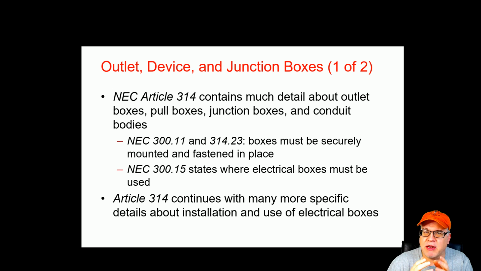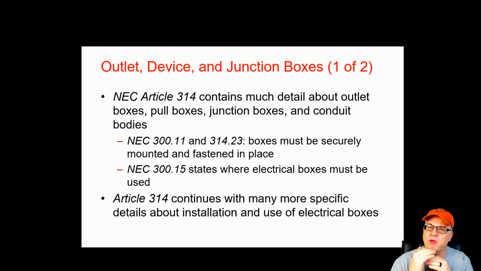But again, starting with that fundamental, you really want to grab a hold of it here in this first part of this residential wiring program. Now, it says NEC Article 314 contains much detail on outlet boxes, pull boxes, junction boxes, and conduit bodies. Again, all of that's going to be covered in 314.16 as well. That gives you the dimensions and the cubic inch for the box fill for conductors. All of that's covered in this program.